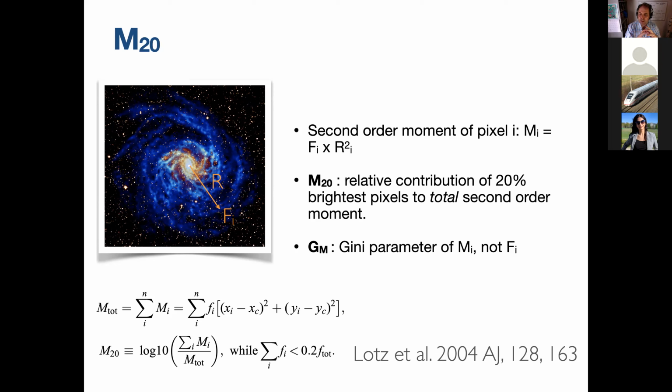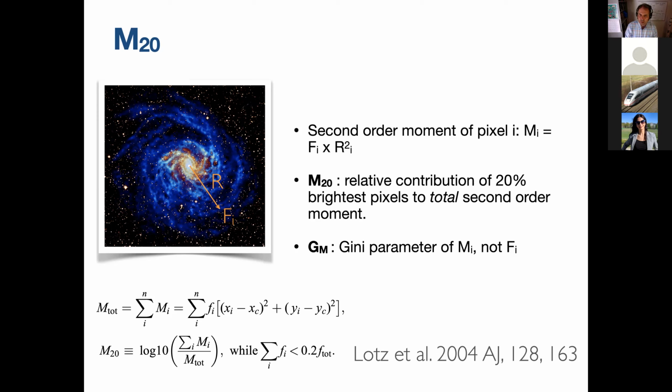And then you say, okay, what happens to the 20% brightest pixels in the entire thing? If you rank all the pixels, you can say this is where the 20% brightest pixels are, and how much second order moment is sitting in that. So that's the relative second order moment of the brightest component. Suppose you have an AGN sitting in the center and all the flux is coming out of that.